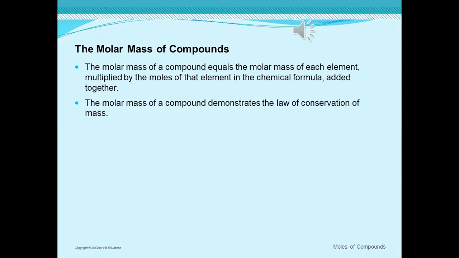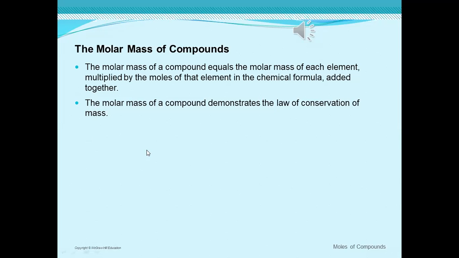So 2 times 27 plus O3, which means 3 moles of oxygen, so 3 times the mass of oxygen from the periodic table, which equals 16. So the molar mass of Al2O3 equals 27 times 2 plus 16 times 3. So it's the molar mass of this compound.